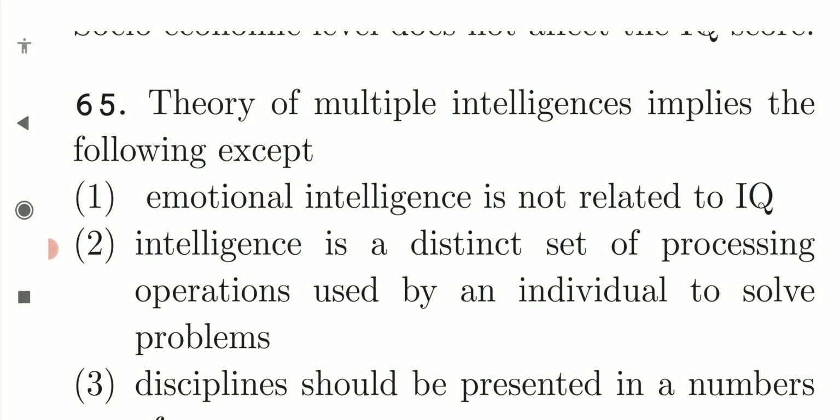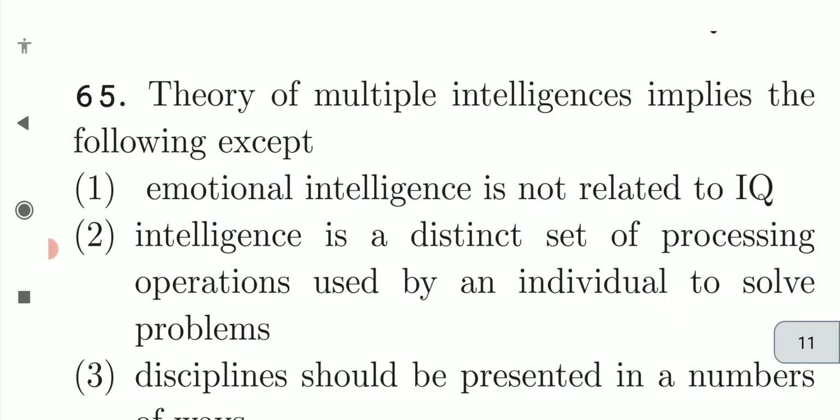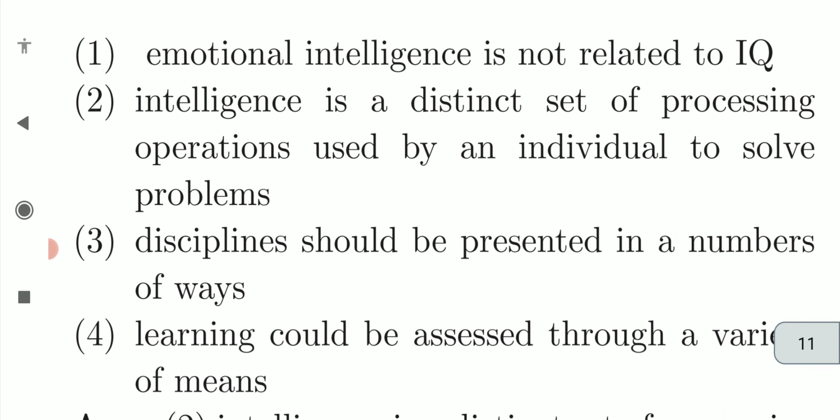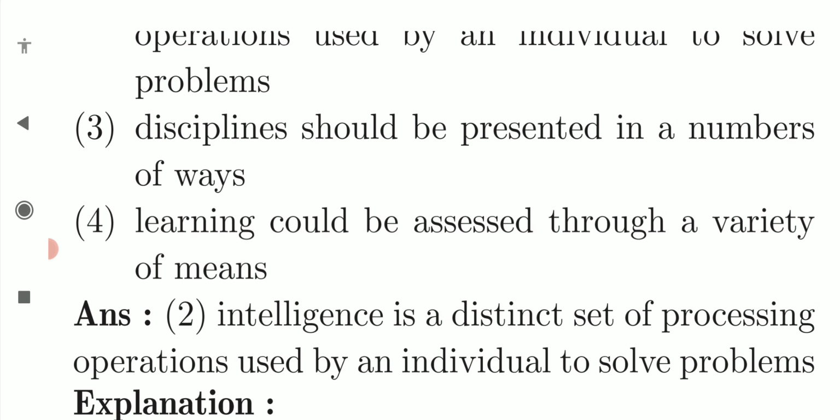The theory of multiple intelligence implies the following except: emotional intelligence is not related to IQ; intelligence is a distinct set of processing operations used by an individual to solve problems; discipline should be presented in a number of ways; learning could be accessed through a variety of means.